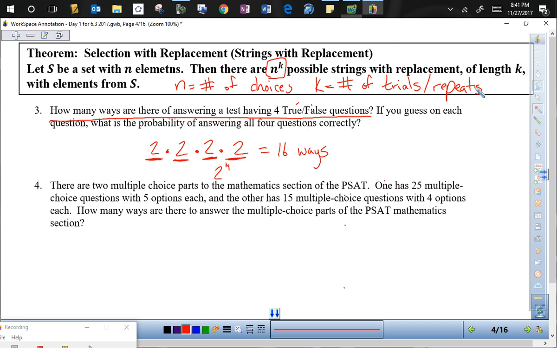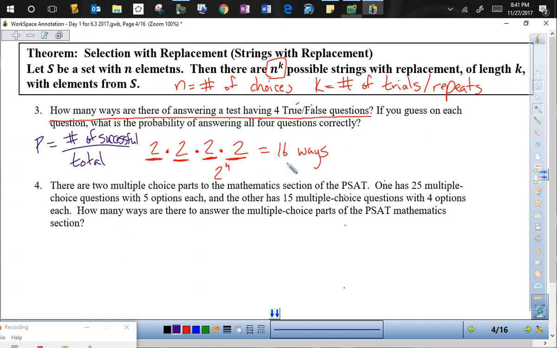All right. So now let's answer the second question. It says, if you guess on each question, what is the probability of answering all 4 questions correctly? Remember, probability is figured by taking the number of successful over the total. Success here means all 4 are correct.